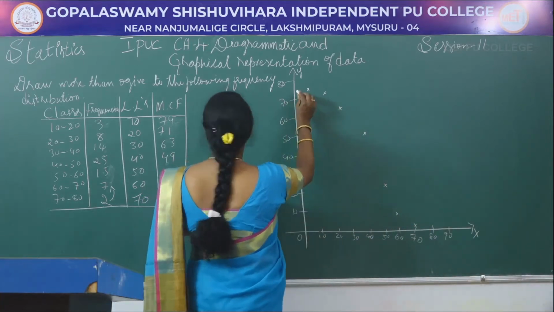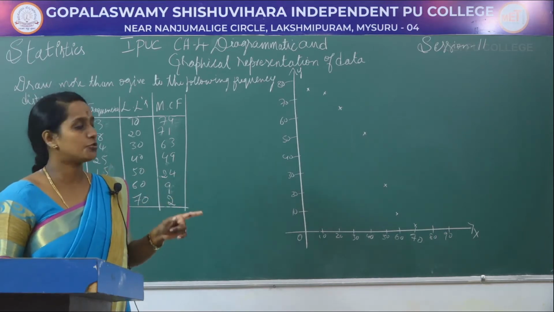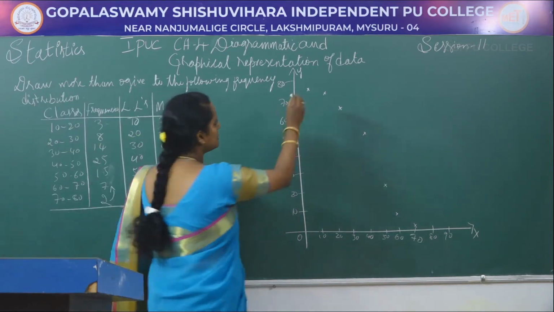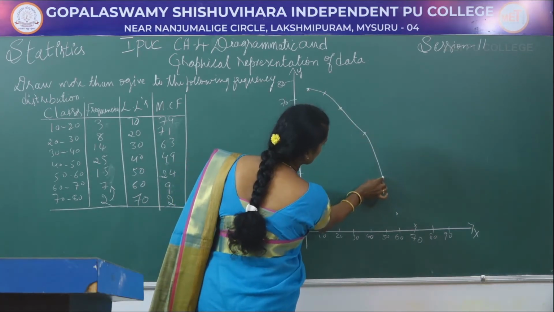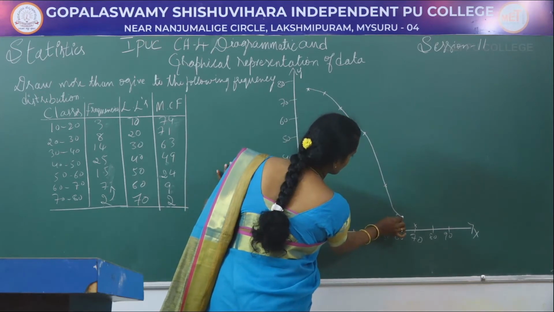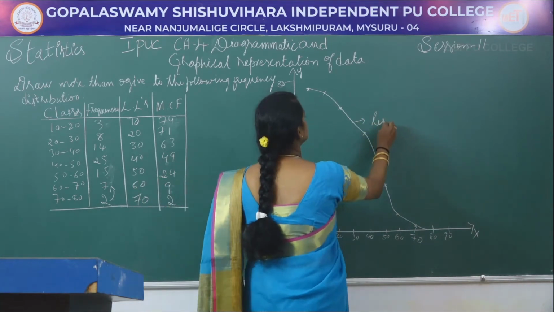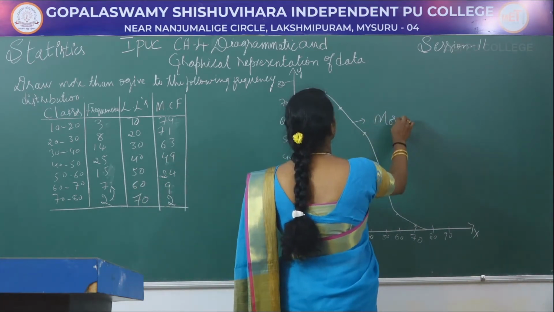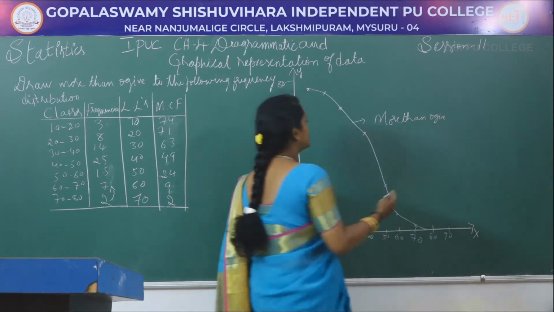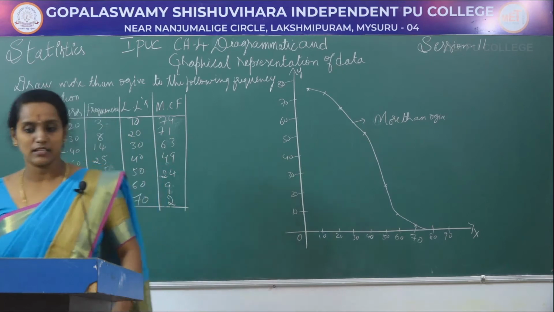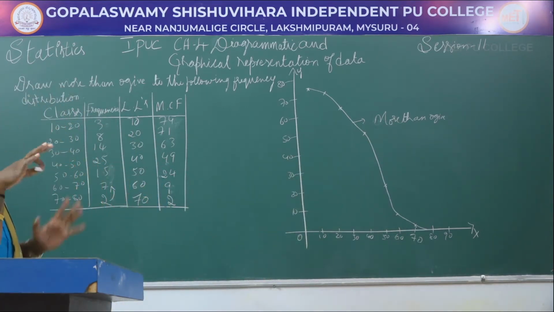Now you join these points, and at last it should touch the x-axis, like this. It is a more than ogive. So this more than ogive comes like this, and here I have drawn a simple rough sketch.